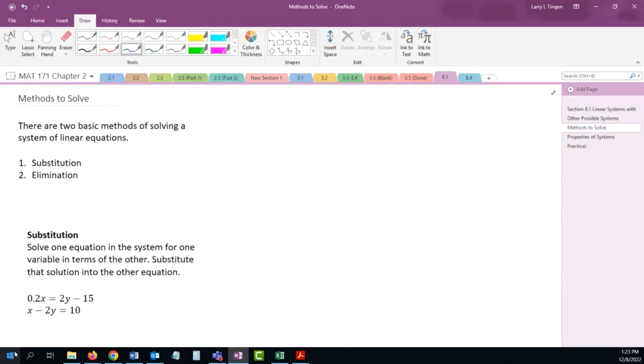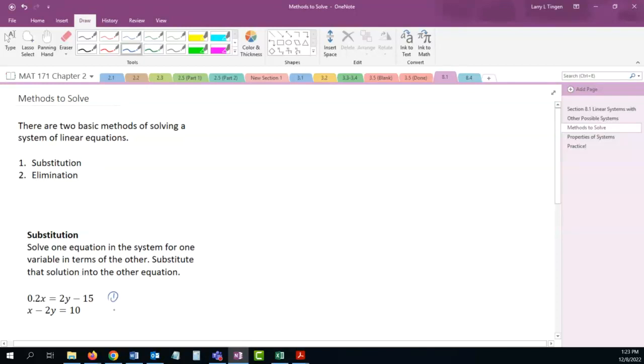If one of your equations is already solved for one of the variables, you just take what's on one side. Like in the system right here, in equation 1, I have 0.2x is equal to 2y minus 15, and then right here I have x minus 2y equals 10.